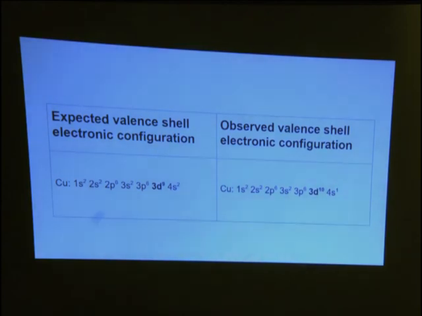Let us have a look at the expected valence shell electronic configuration and the observed valence shell electronic configuration. The expected one, when we follow the Aufbau principle, is how we would usually write the electronic configuration of copper, where d has 9 electrons. But the observed valence shell electronic configuration is something else. It is 3d¹⁰ here. So why are there such irregularities?